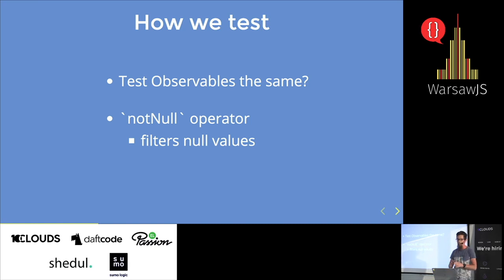So I created a small example with the not null operator. If you have an observable, a stream of data, after applying this operator it should only emit values that are not null. So it will basically filter null values.